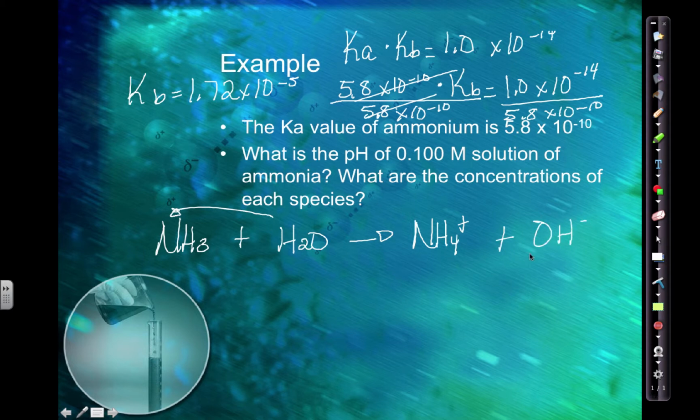Anytime we have a basic solution, we should have hydroxide on our product side. So let's do an ICE table. Initially, my ammonia's concentration will be 0.1. Water doesn't matter. 0 for both of my products. And change, minus x, plus x for my products.